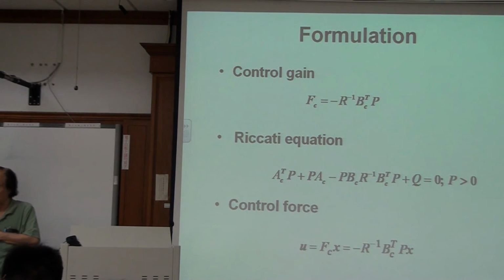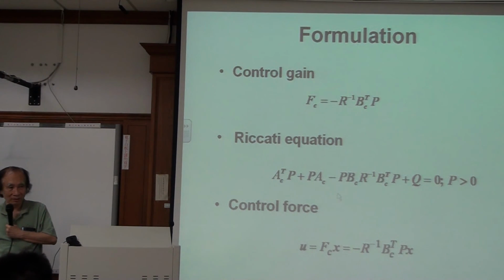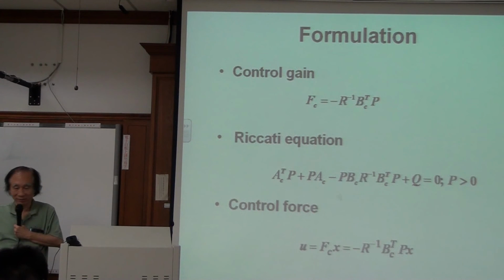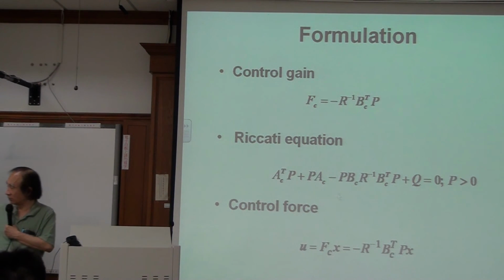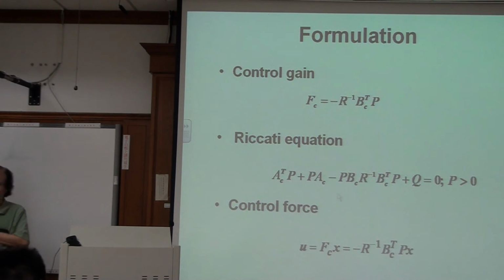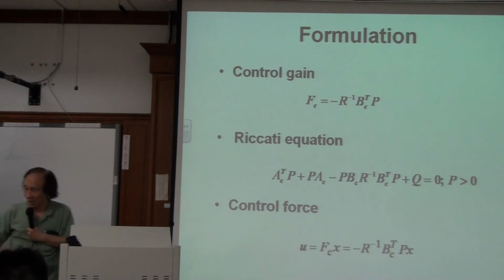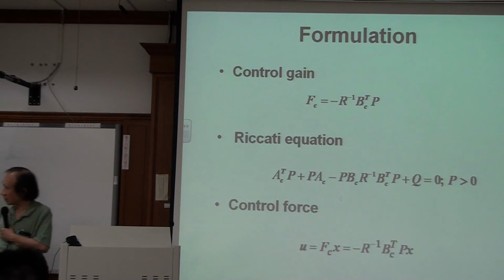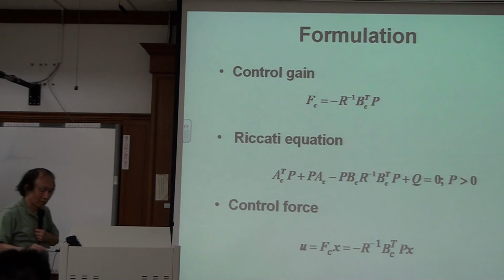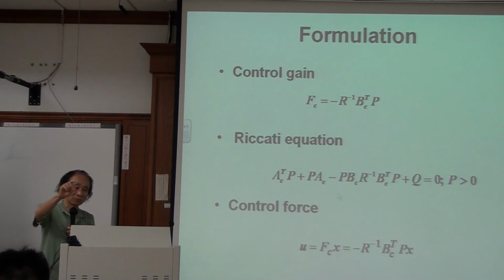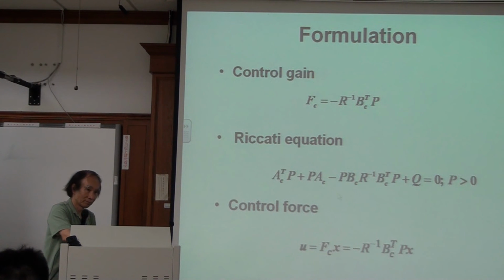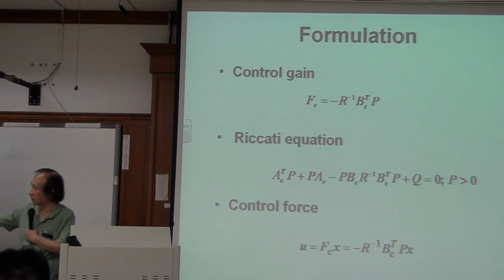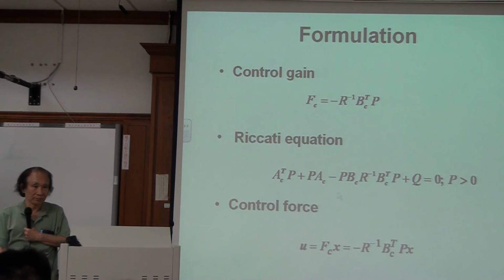This TF can be 10 seconds, 1 hour, or 2 hours. If T goes to infinity, then it becomes this. And the Riccati equation for this is of course different from that, all different. That's why the optimal control book is that thick, because they discuss all different kinds of index.